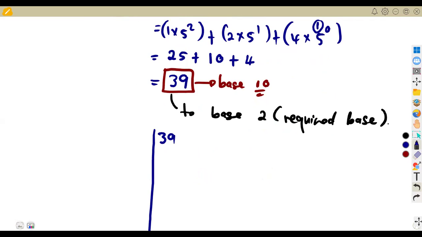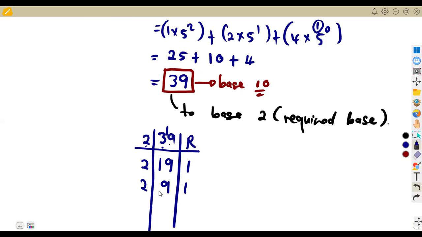That's where we said we divide by that base, noting the remainders down. All right? 39 divided by 2, that is 19, remainder 1. 19 divided by 2, into 18, that is 9 times, remainder 1. By 2 again, 9 divided by 2, that is 4, remainder 1. By 2, 4 divided by 2, that is 2, remainder 0 in this case.